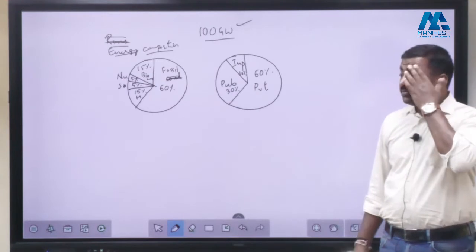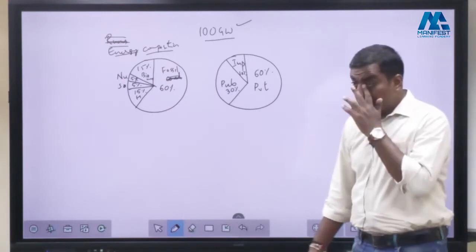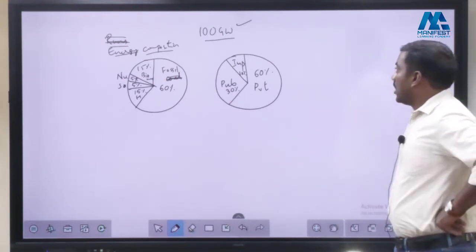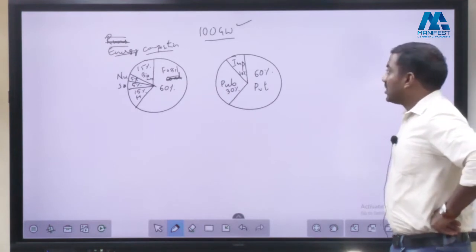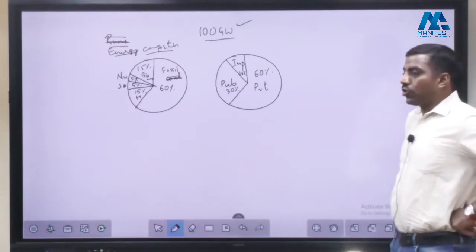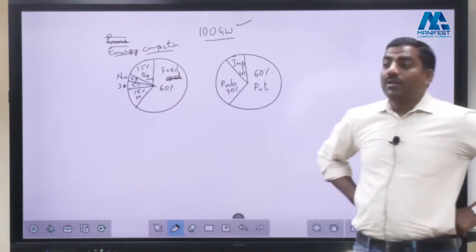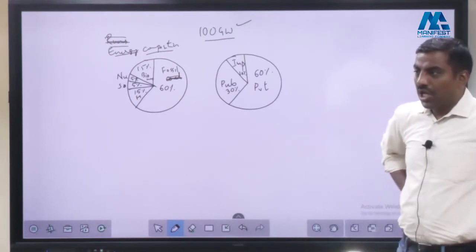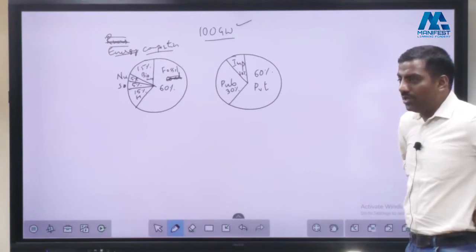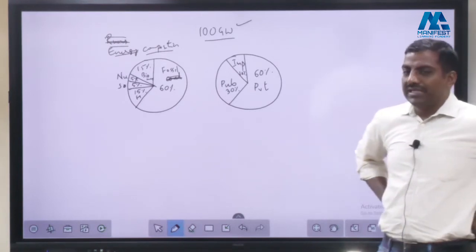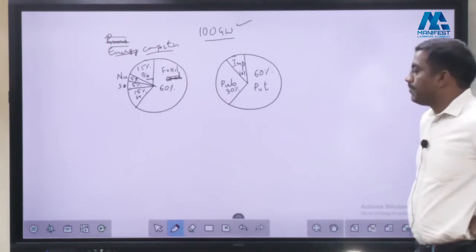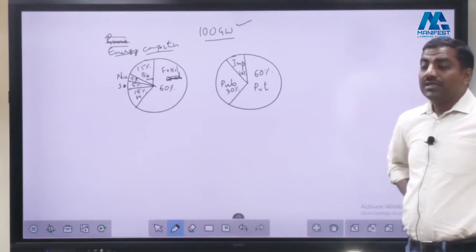Similarly, how much of the energy is procured from private hydel power plants? 15% of 60%.